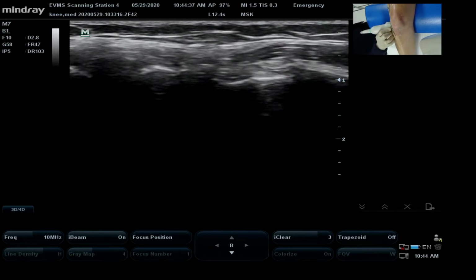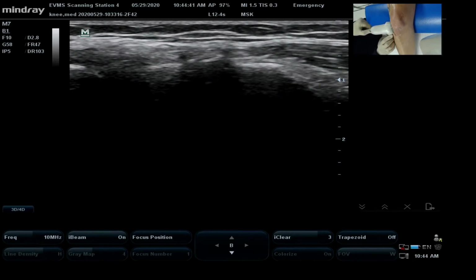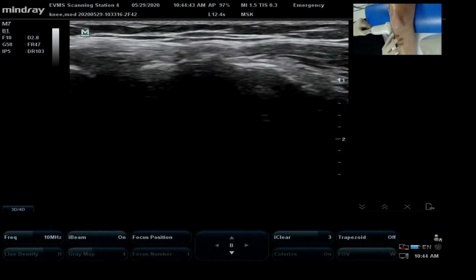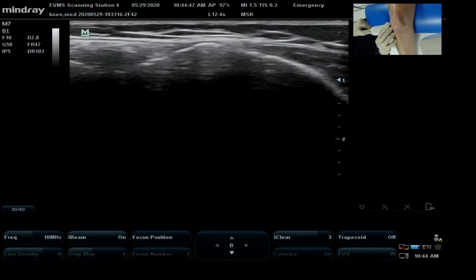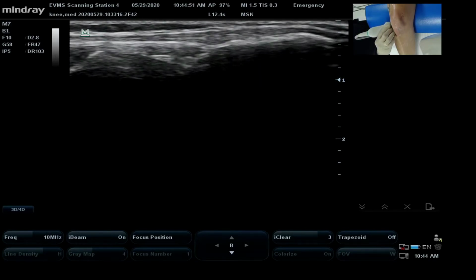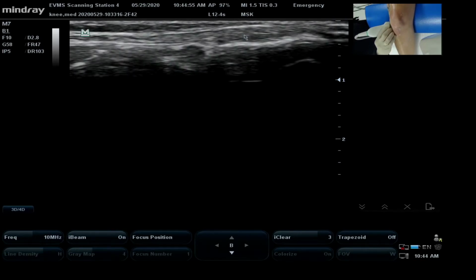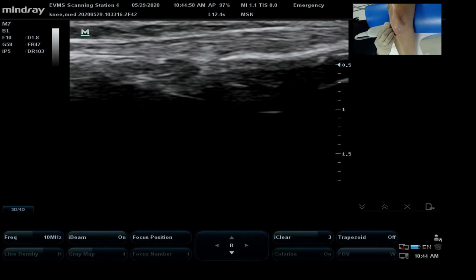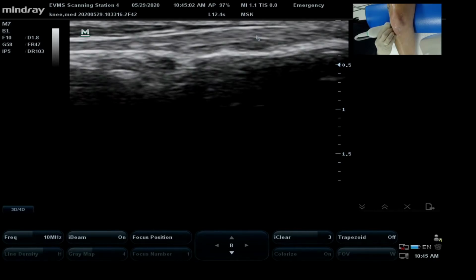Now, if I make just a movement with the heel of my probe towards Gerdy's tubercle, I'm going to palpate Gerdy's tubercle. I'm going to move the heel of my probe over to Gerdy's tubercle. And when I do that, I easily bring in, and let's take out some depth so you can appreciate it, I easily bring in the iliotibial band right here.